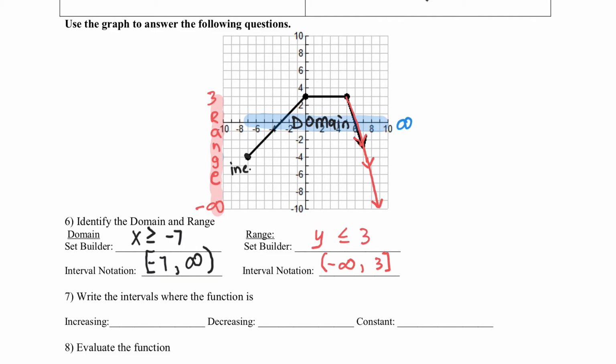Now, number 7, we do have a constant. This is where the constant is. Remember, the constant is like the flat line. And we want to know where does it start to be a constant, which is at over what x values?